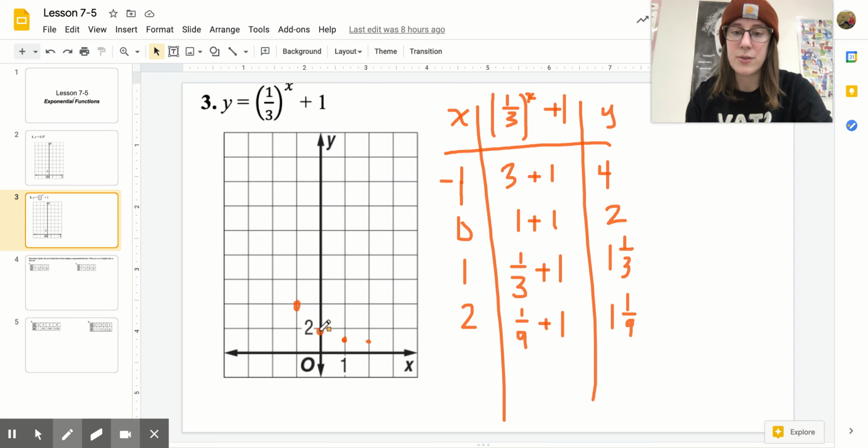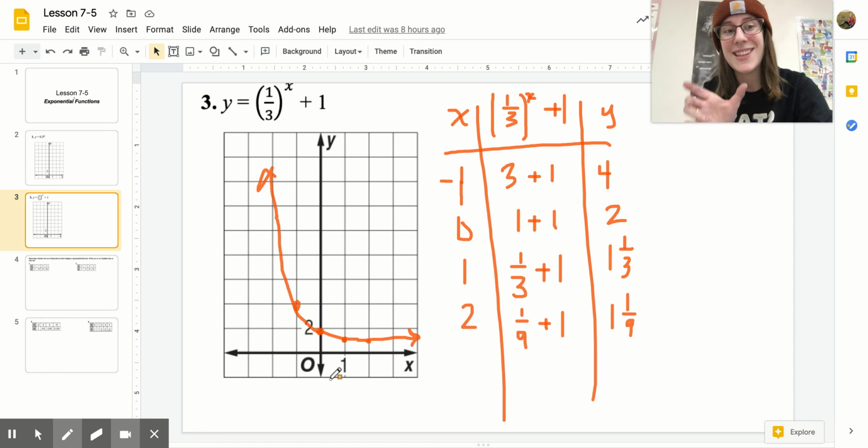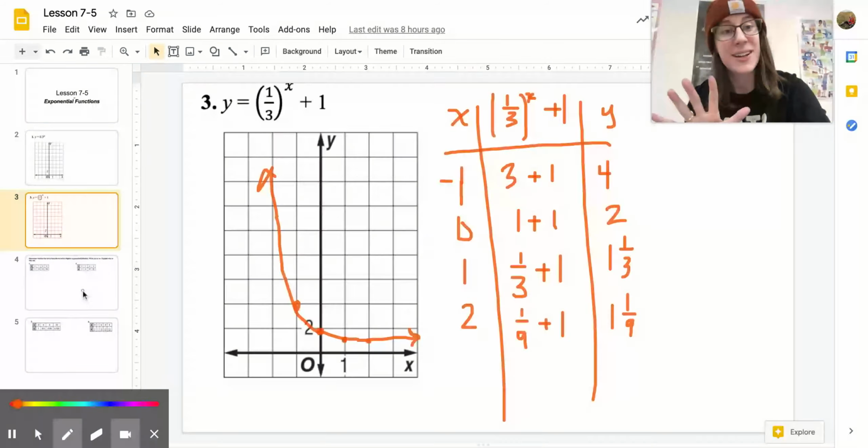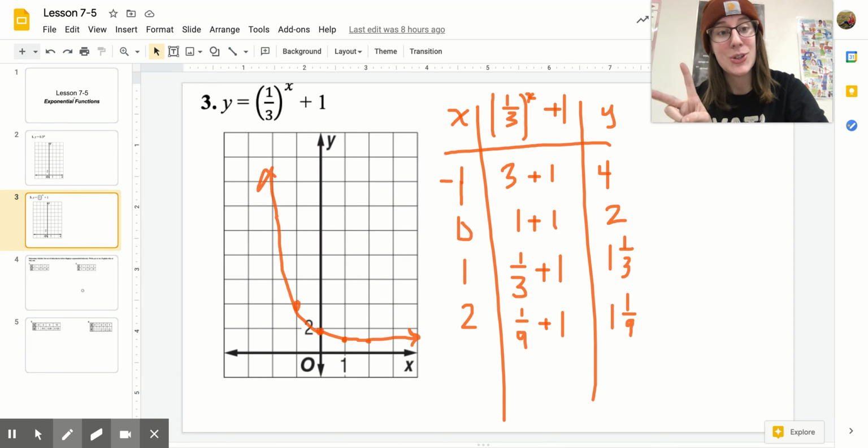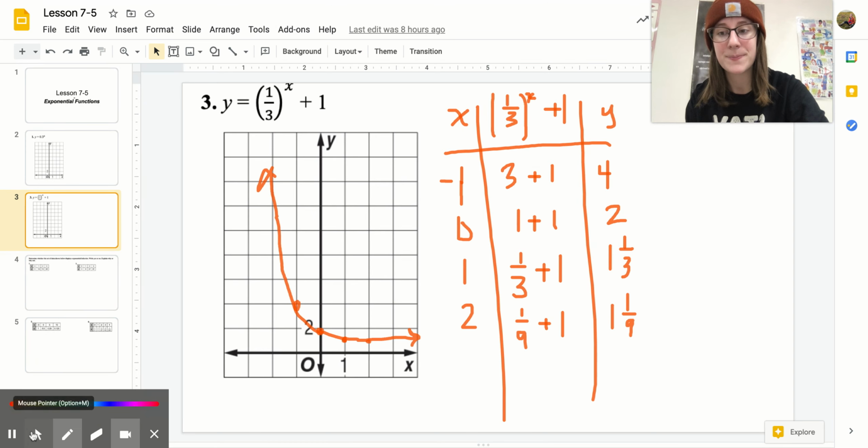So if we were to graph this out, it's going to be this huge decrease first, and then it gets closer and closer to 1 instead of 0. So this +1 actually shifted the entire graph up 1. That's what that +1 means. And so that's how you do those. Pause this, try problem number 2, and then we'll keep going.